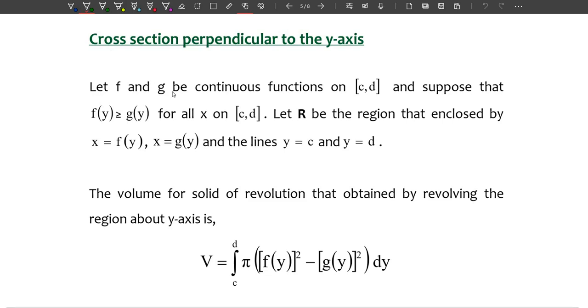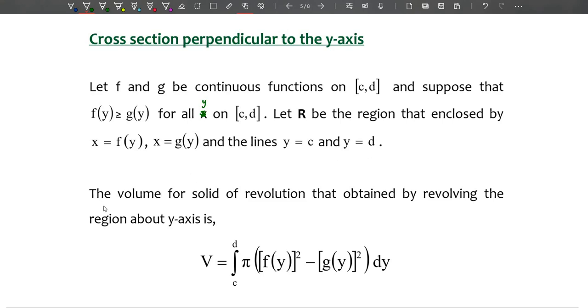So this time around, it will be on cross section perpendicular to the y-axis for Washer method. Let f and g be continuous functions on the interval c to d, and suppose that f(y) is greater than or equal to g(y) for all y on the interval c to d. Let R be the region enclosed by x equal to f(y), x equal to g(y), and the lines y equal to c and y equal to d.